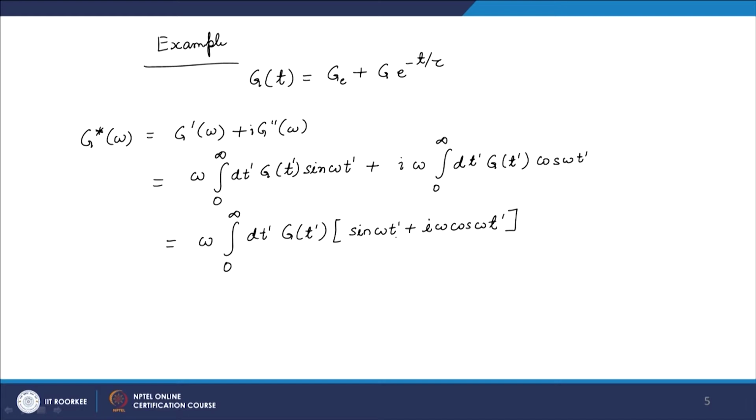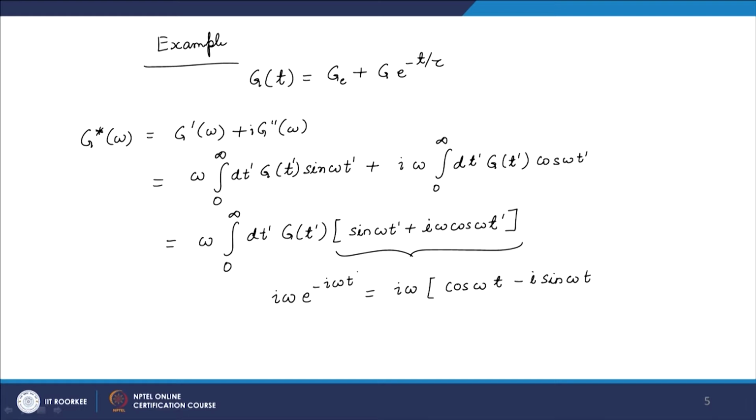So, this particular quantity multiplied by omega I can also write as I omega e to the power minus I omega t, because that is going to be I omega multiplied with cos omega t minus I sin omega t.